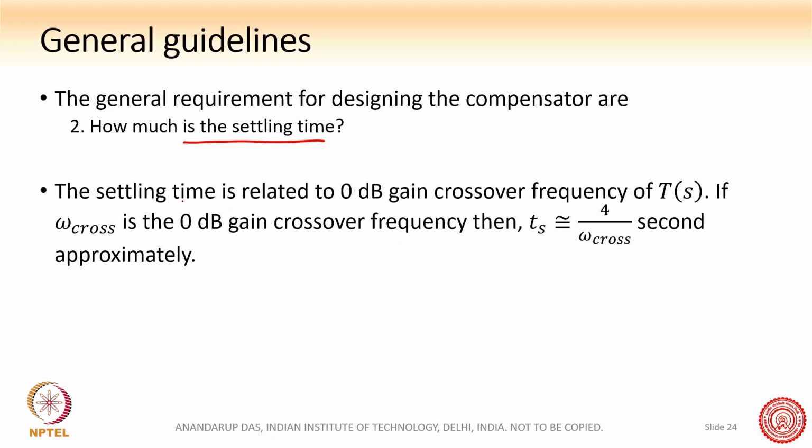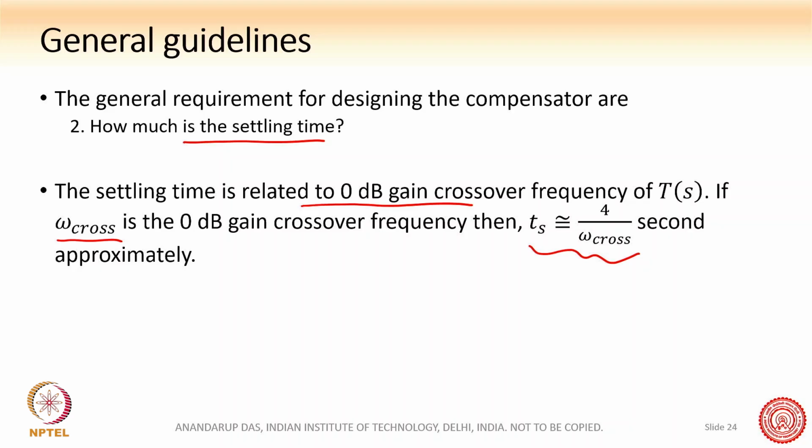The settling time is related to the 0 dB crossover frequency of T(s). Suppose we plot T(s) and find omega cross is the frequency at which the loop gain crosses 0 dB, then roughly the settling time is approximately 4 by omega cross seconds.